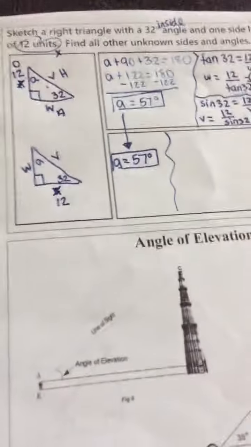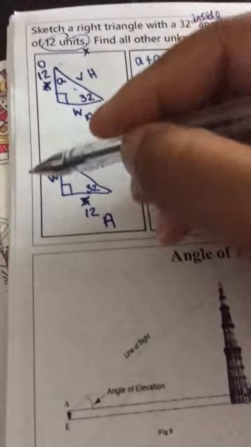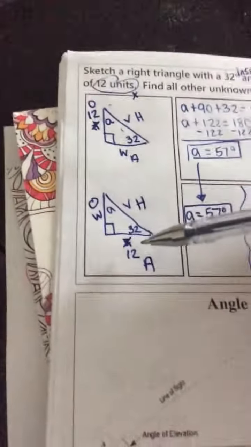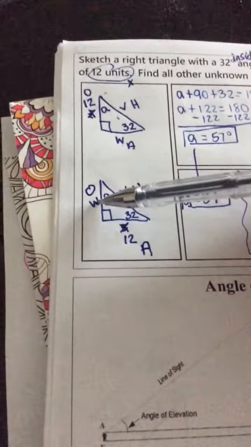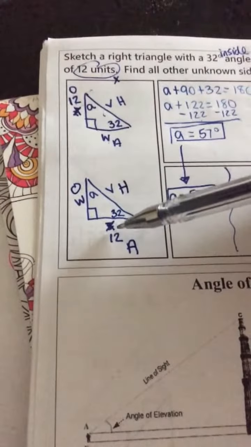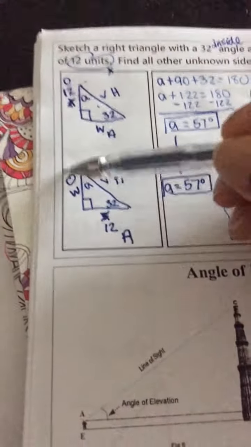Alright, the next problem we have here is 12 is now at the bottom instead of being on the left. So 12 is now adjacent. V is still hypotenuse. And now W, instead of being adjacent, is now opposite. So our setup is going to be different than up here. If we're solving for W, then we're going to be using tangent again.